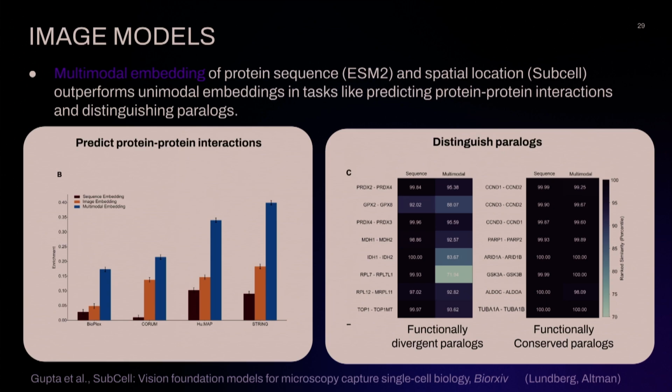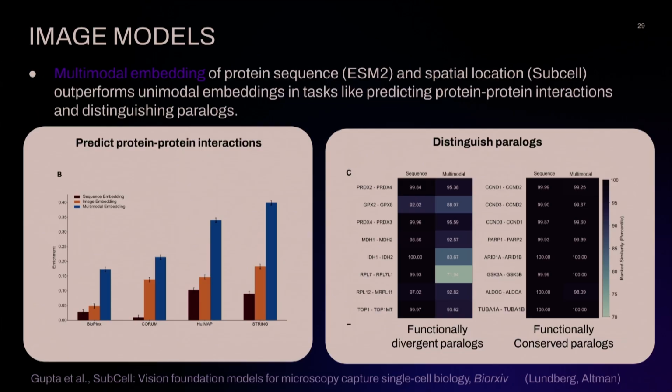And again, this is important because most proteins execute their function by interacting with other proteins. In the plot here to the left, you can see that the blue bar is the multimodal embedding, and the other two bars are the sequence and the image embeddings. And you can see that the multimodal embedding outperforms the unimodal embeddings by far, more than an additive effect.